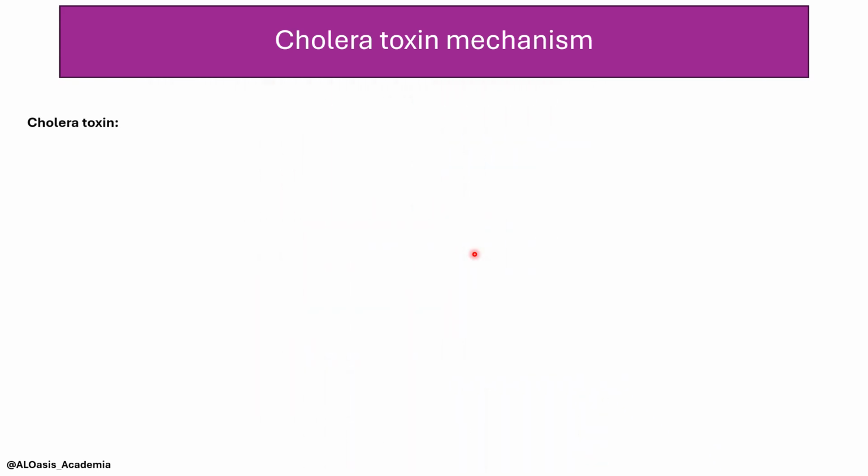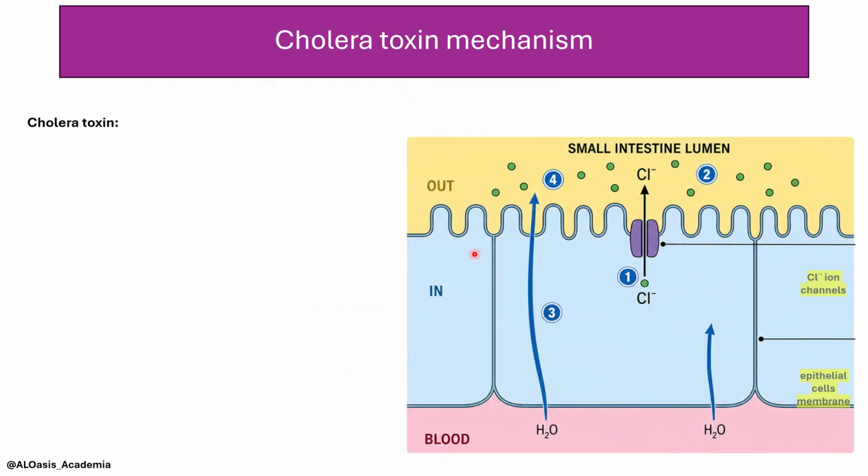So let's continue now with the cholera toxin. Now we are back to the schematic. I want you to be able to picture the schematic in your mind, because it's very important to understanding the whole process. You have these epithelial cells, you have chloride ion channels on the membrane, and the chloride ions move through the chloride ion channels into the lumen, okay?